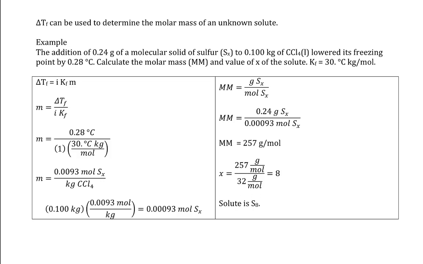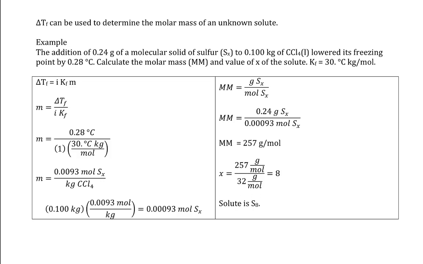That's the solvent. The sulfur, the Sx compound, is the solute, lowered its freezing point by 0.28 degrees Celsius. Calculate the molar mass and the value of X of the solute. K sub F for the CCl4 is 30 degrees Celsius kilogram per mole.